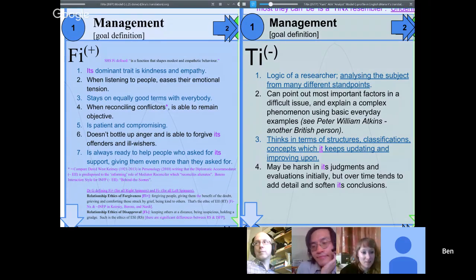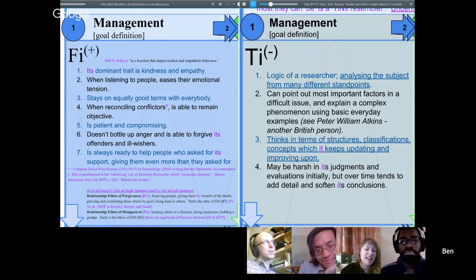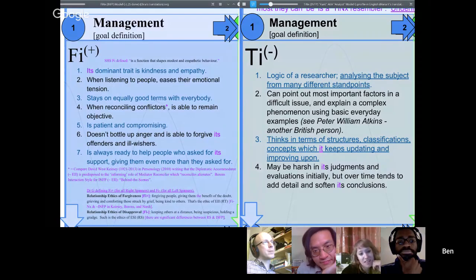I would say that, well, you said that it's very similar, those functions, how they are defined in Socionics to how they are defined in MBTI. And I would say that the first point, its dominant trait is kindness and empathy, is something that is probably stereotypically seen as people who are FE in MBTI, because the result will be harmony.